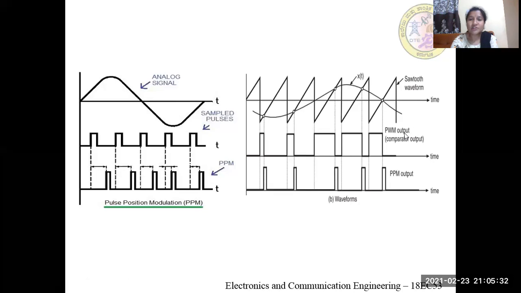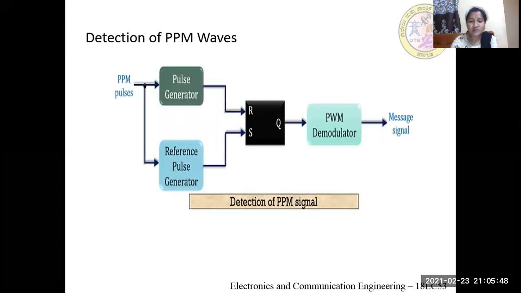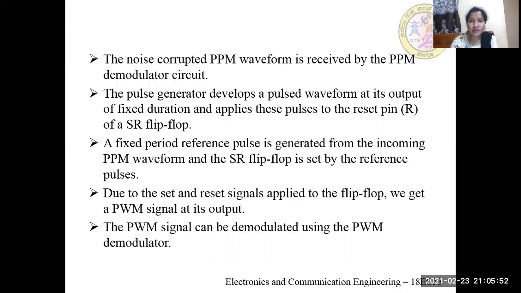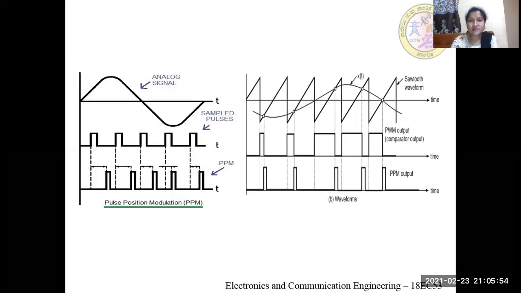In this pulse width modulated output, what happens? The width of the pulses is changed. It keeps on varying with respect to the message signal. Here, this is your message signal x of t, and the pulse width varies with it. As the amplitude keeps changing, the width of the pulses also changes.